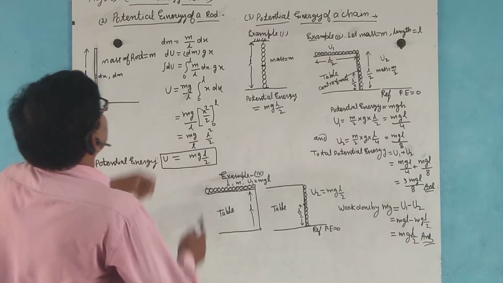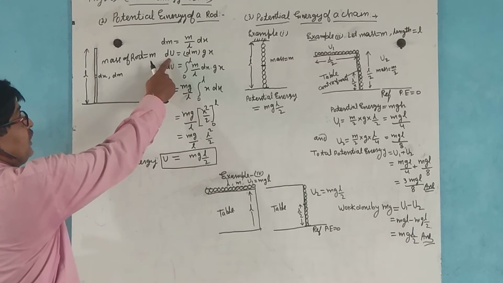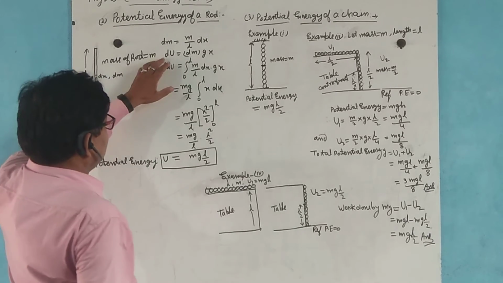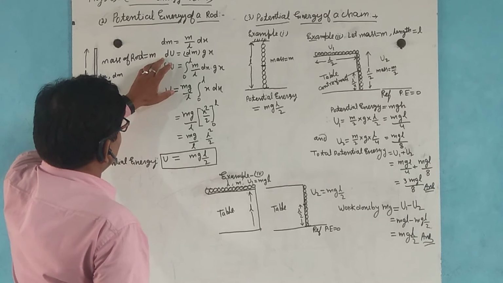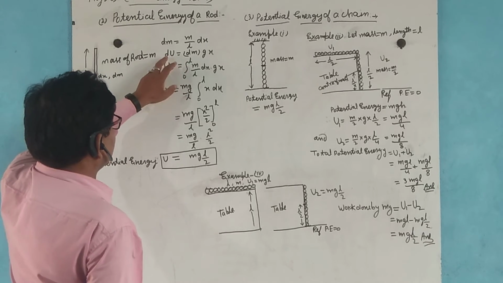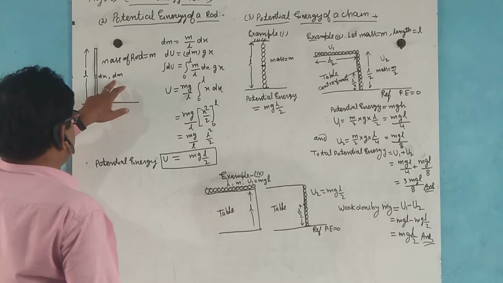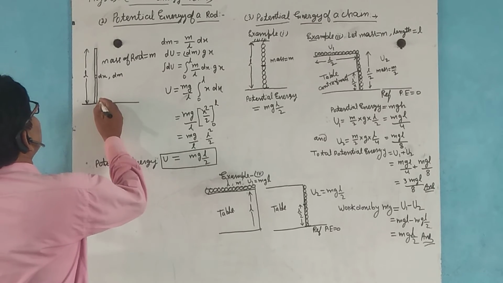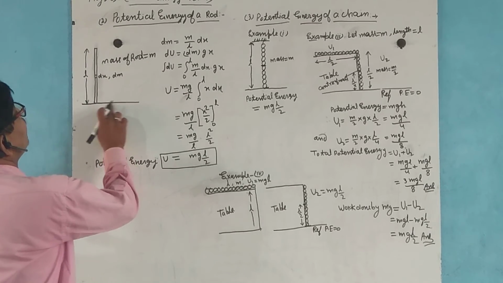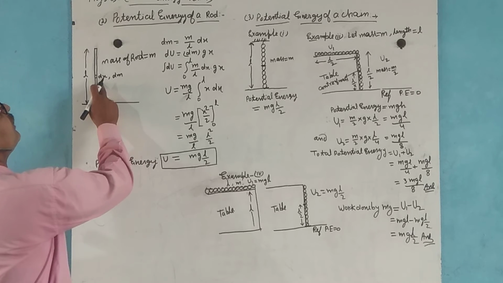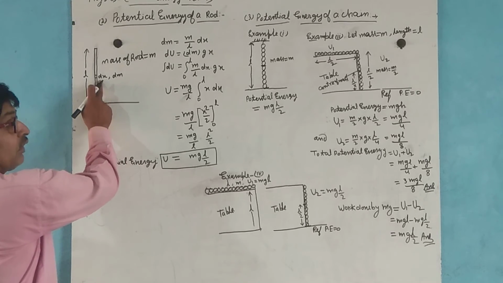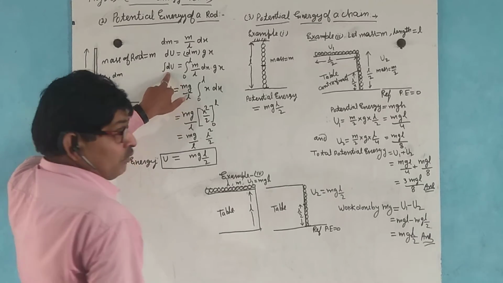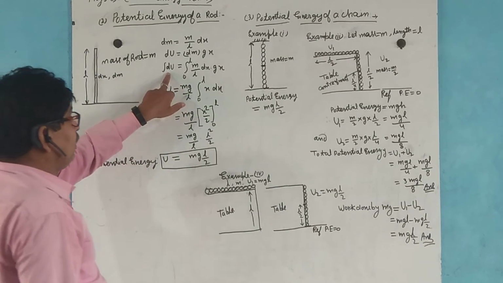so the mass of this strip is m by L dx. And now we know that potential energy of this strip, dU, is mgh. Here m means dm, g, and x is the length from this frame of reference. At the x distance we take the strip dx, so in this case apply the integration method.